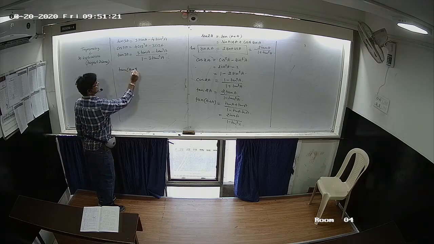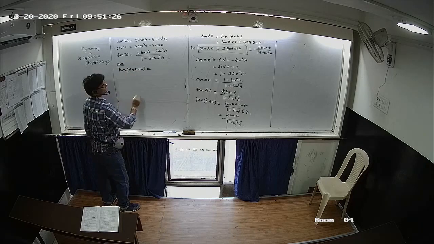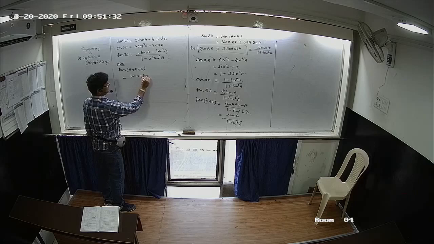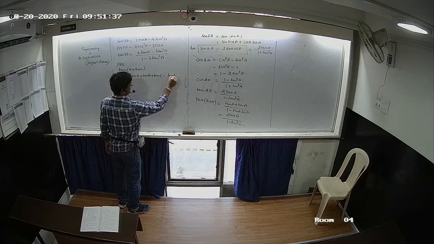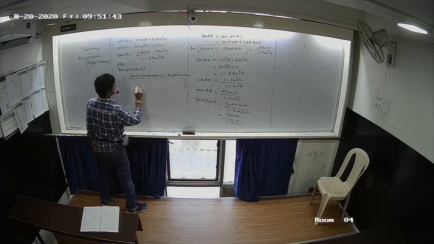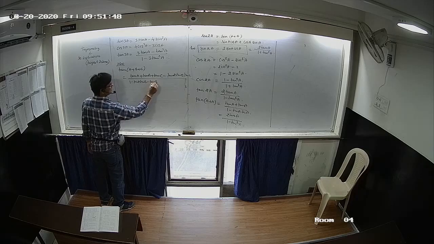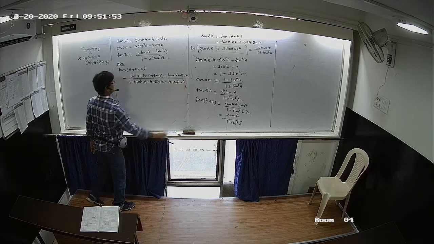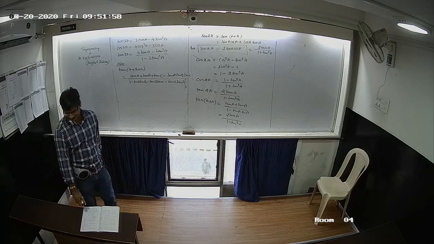Tan(a plus b plus c) is equal to tan a plus tan b plus tan c minus tan a tan b tan c upon 1 minus tan a tan b minus tan b tan c minus tan c tan a. This gives you the formula for tan of a plus b plus c.